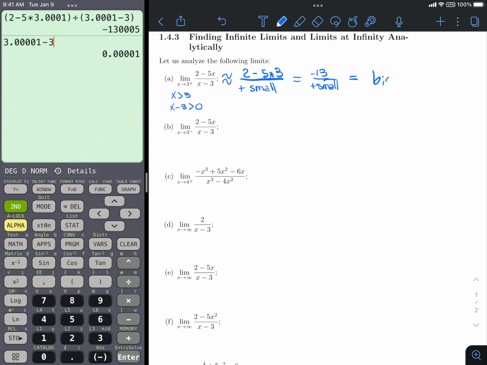So that's going to be big. The answer is going to be big, but now minus with plus gives me a minus. The answer is going to be negative. So that means that the limit when x approaches 3 from the right of (2 minus 5x) over (x minus 3) is going to be minus infinity. So that will be my answer.